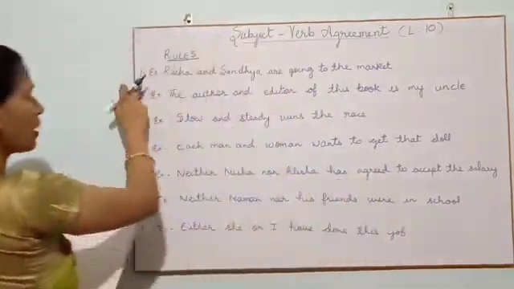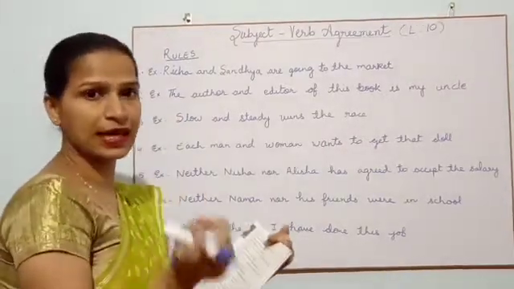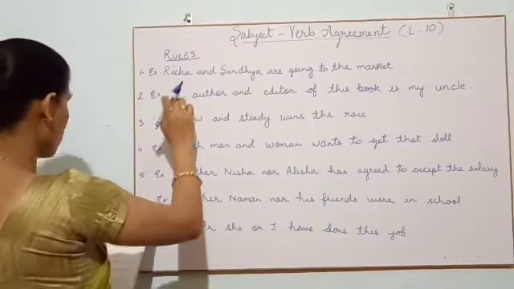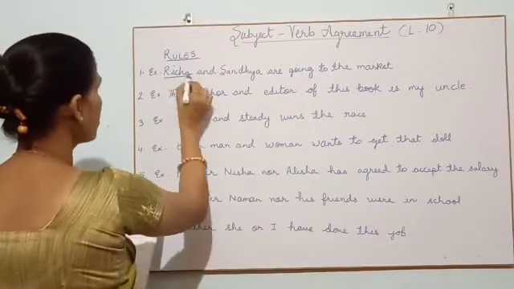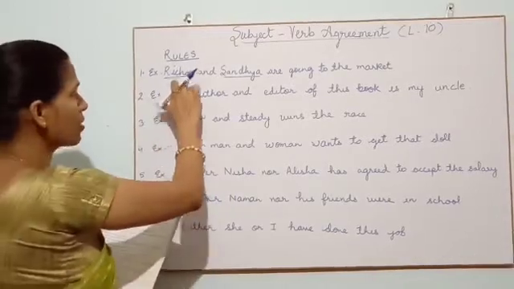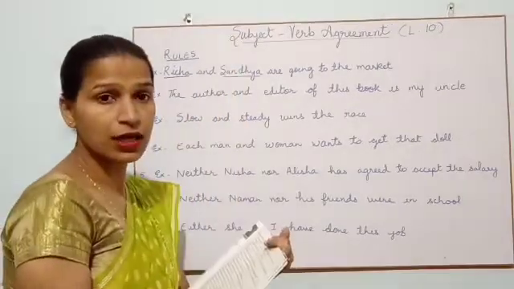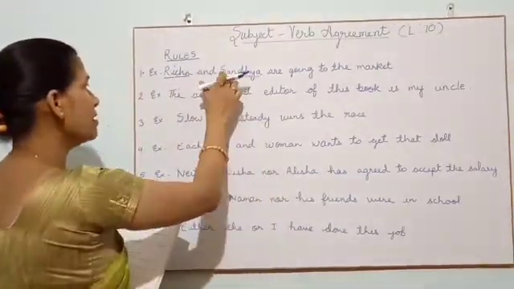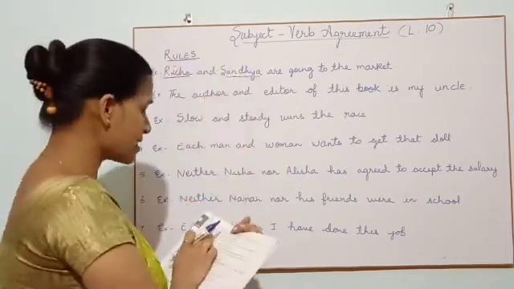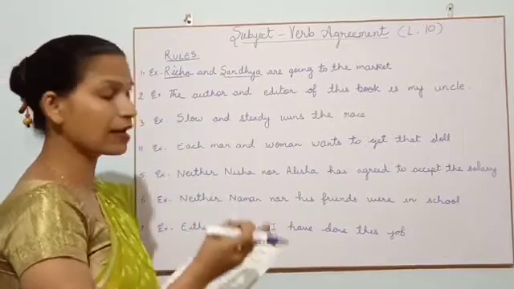I have written one sentence which is an example from your book only. It says when two or more singular nouns. This is singular. Richa and Sandhya. Richa is the name of a girl. Sandhya is also a name of a girl. And they both are singular. Richa, singular. Sandhya, singular.